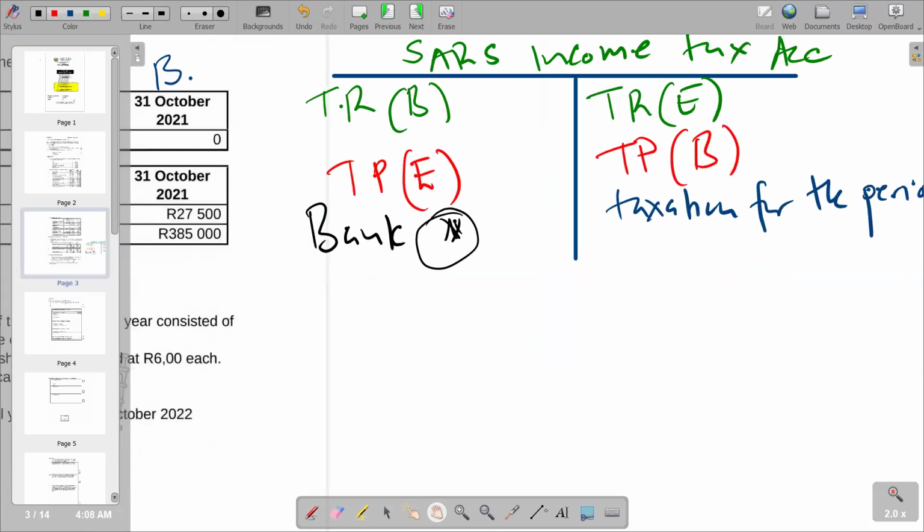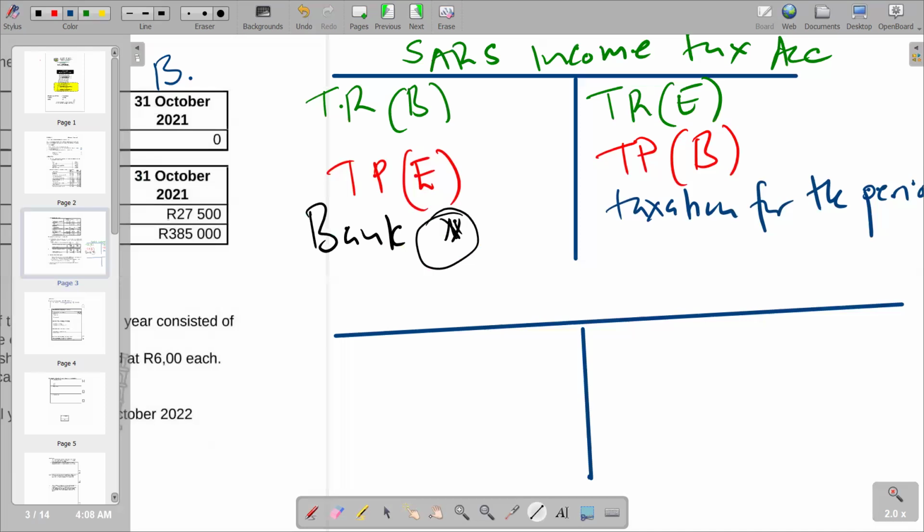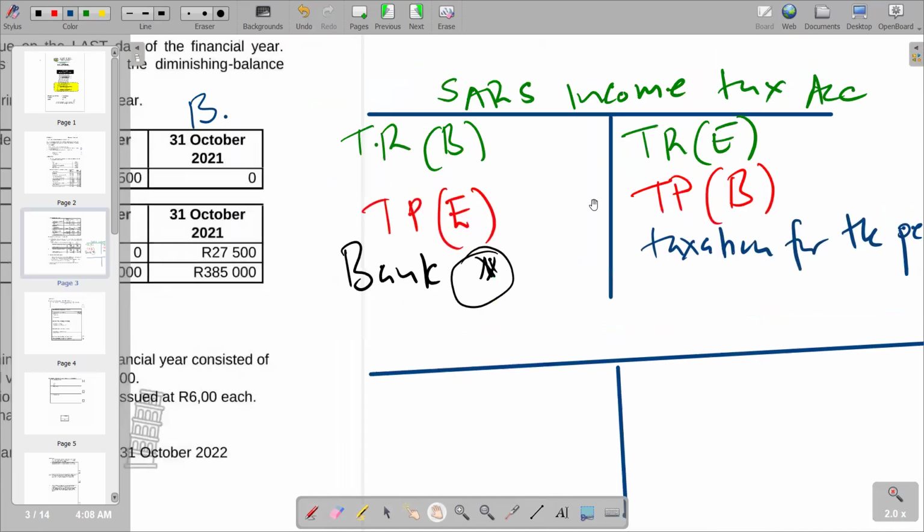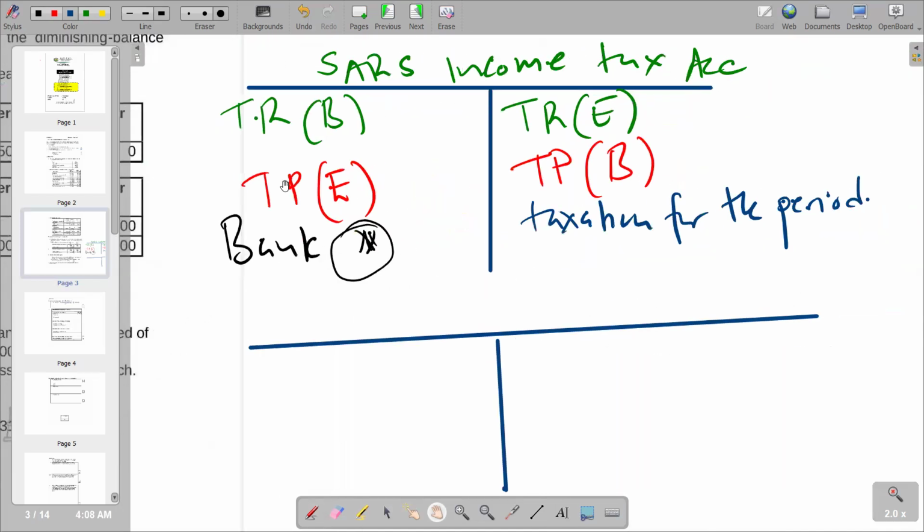So we present it again in the form of that T account, if you choose to calculate it from this point of view. According to the information given, at the beginning we have 27,500 under trade and other payables, and it is on the credit side.